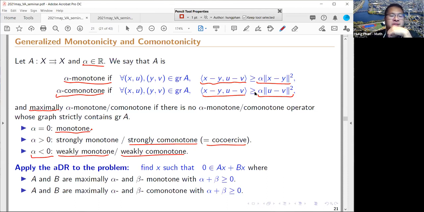Our setup is to apply the adaptive Douglas-Rachford to the inclusion problem, where A and B are maximally alpha and beta monotone, or A and B are maximally alpha and beta comonotone. The parameter requirement is that alpha plus beta is greater than 0. So in all, the original problem is convex.